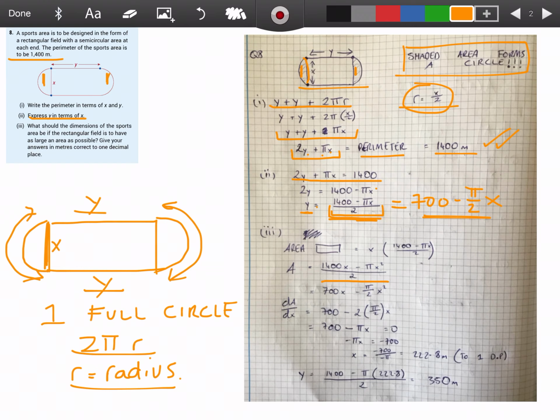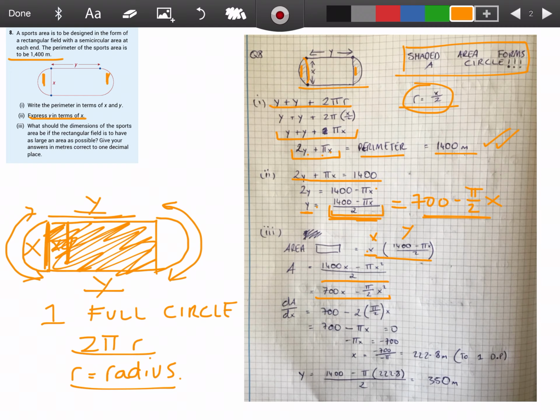So I have to multiply that by x to get the area of the rectangular part, because I'm doing y times x to get the rectangular area here on the left hand side. Yeah, so I put that in terms of one another. I'm using this as y and this is x there, so I do x by y, and that gives me this answer here, 700x minus pi over 2x squared.